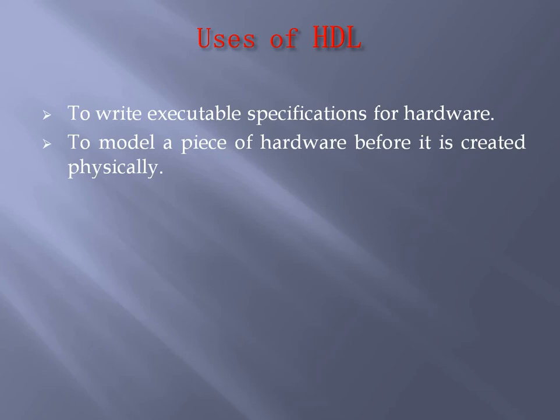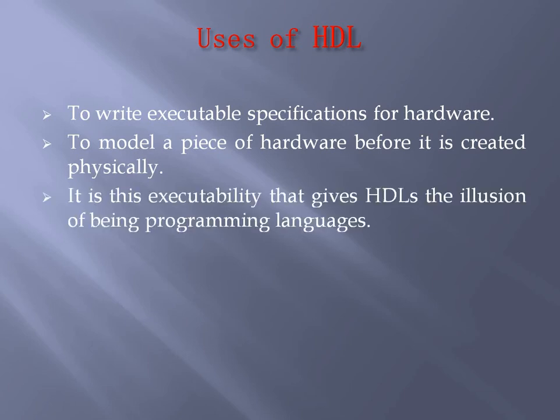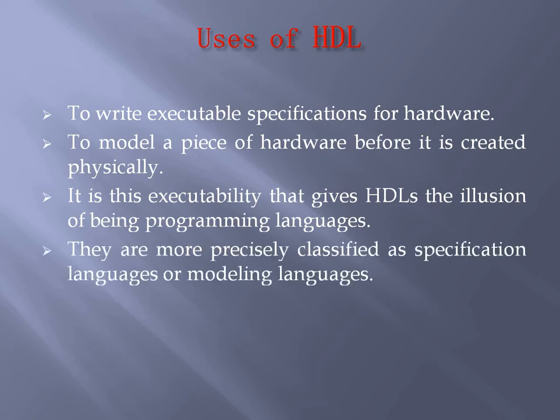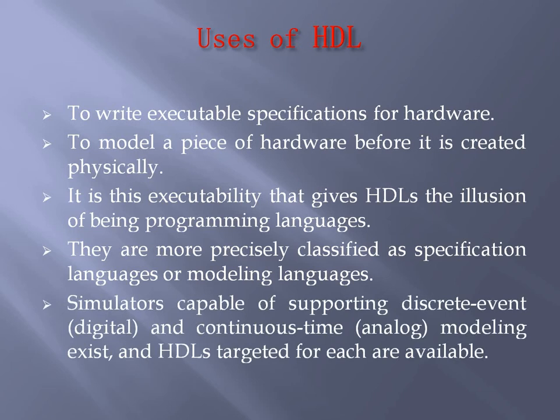That means HDL is used to model a piece of hardware before it is actually created. And the other use is that this executability gives HDLs the illusion of being programming languages, but they are more precisely classified as specification languages or modeling languages.